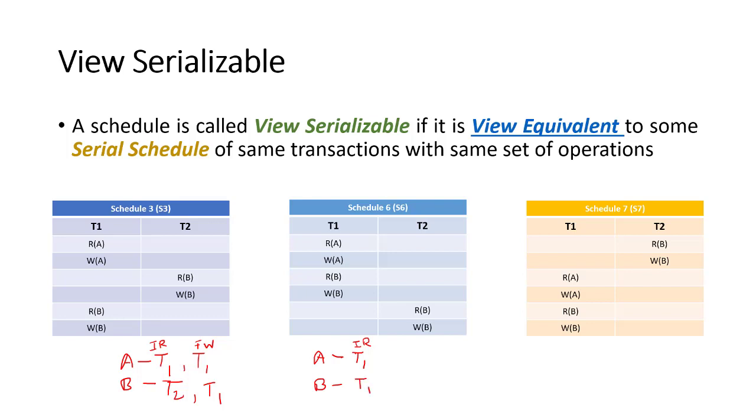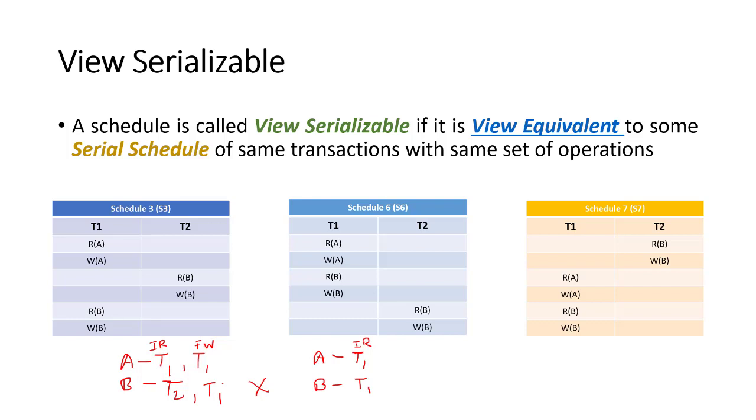It is not T2, because T2 is reading data item B which is written by T1. So there is a mismatch between these two. So S3 is not view equivalent to the S6 serial schedule.